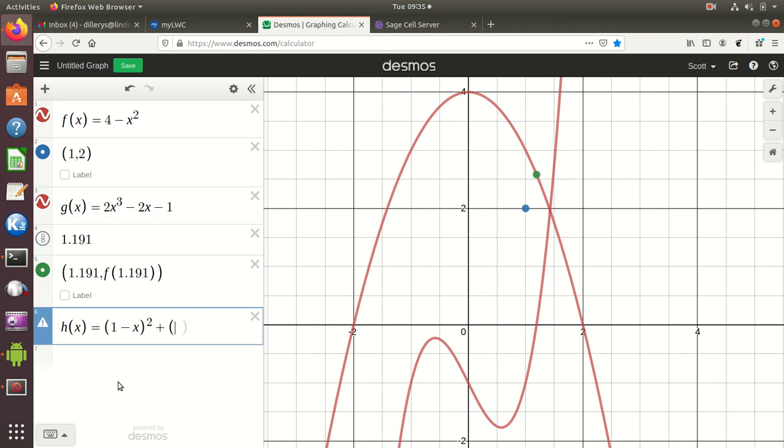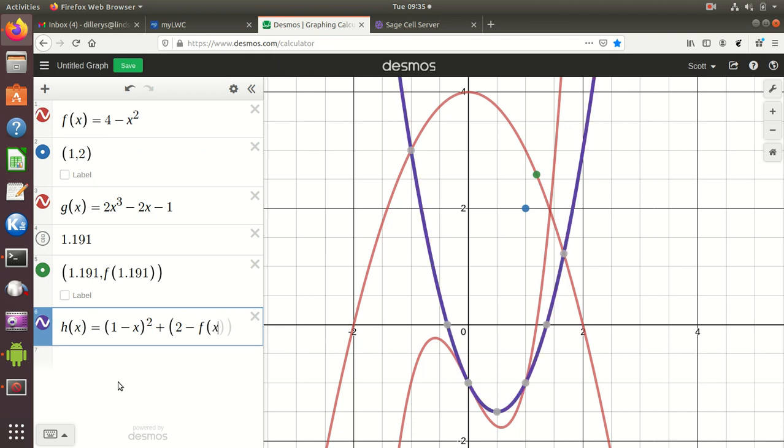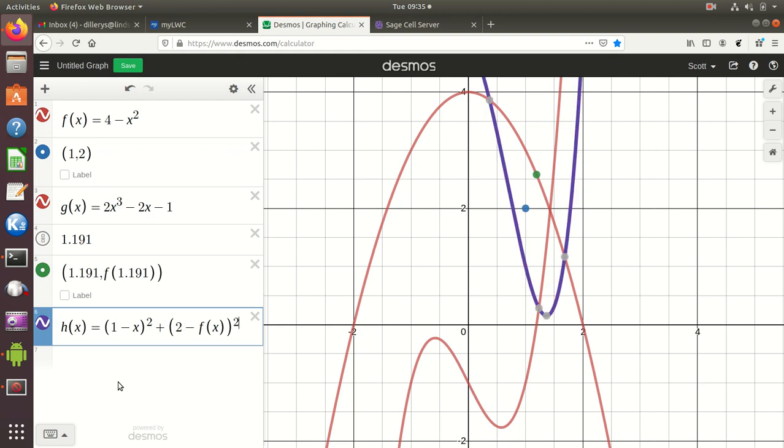Or well, actually it's 2 minus f of x, quantity squared. Okay, so there's the function, and it looks to have that for an answer, 1.366.